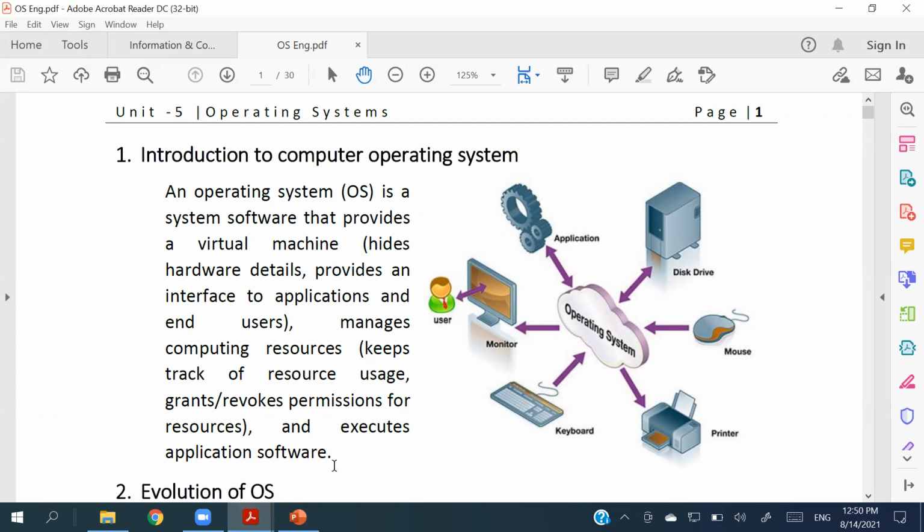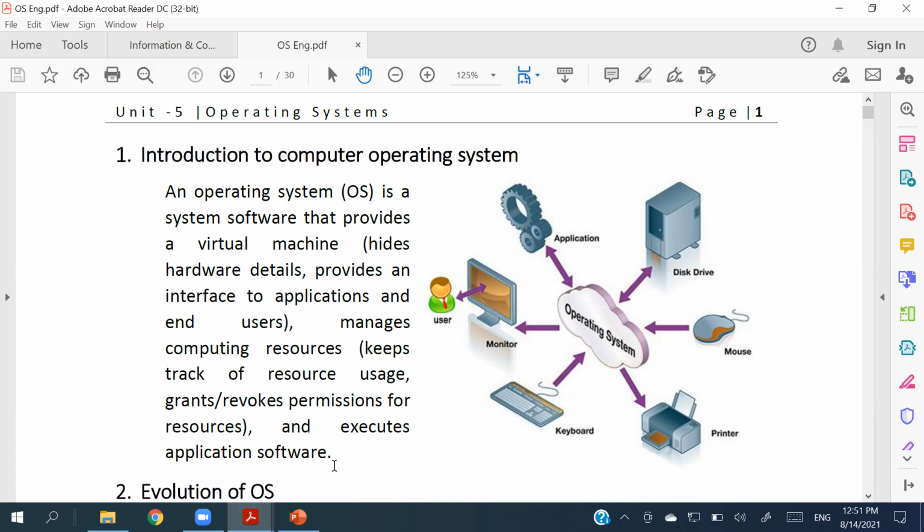As you and me all know, we are having this conversation using Zoom, which is an application software, right? And we can't have Zoom on our computer or device without an operating system.